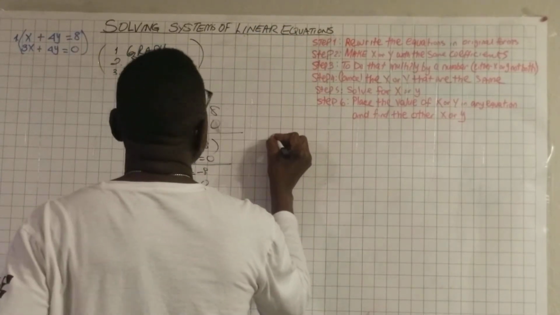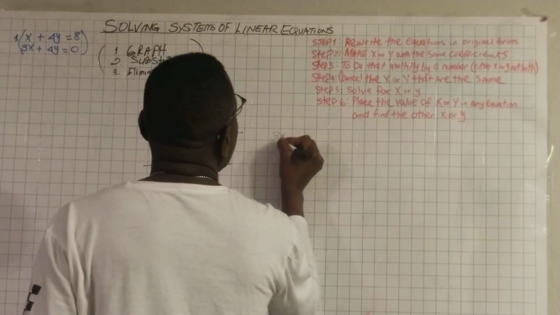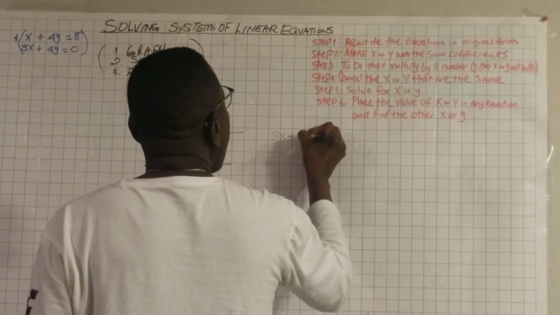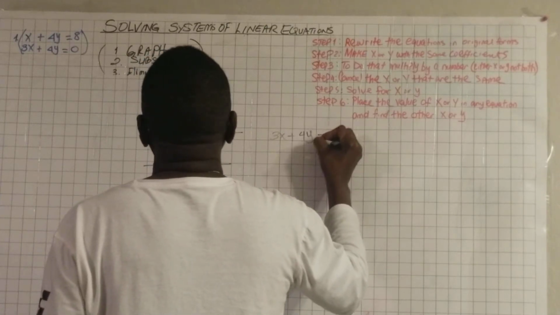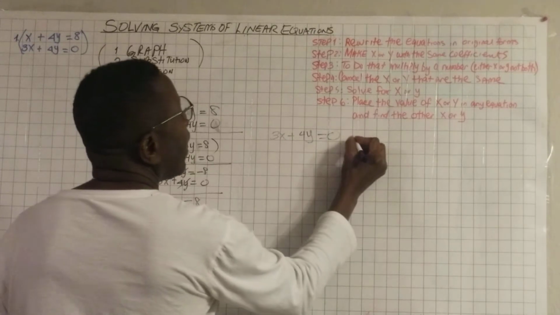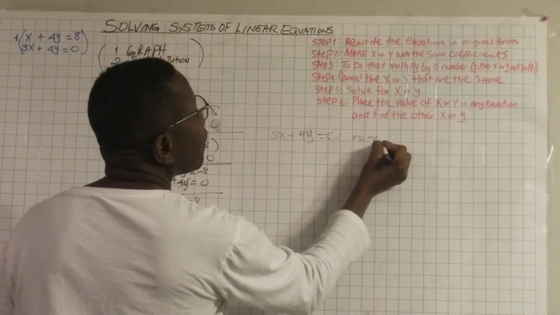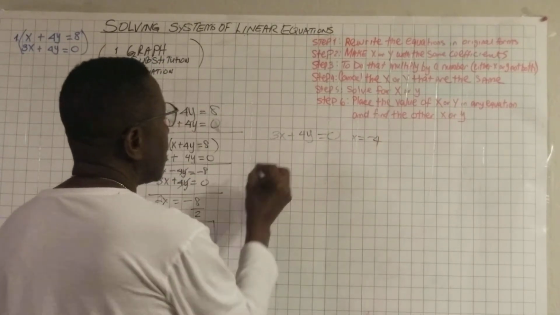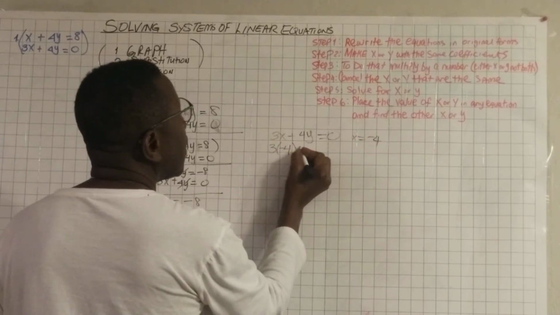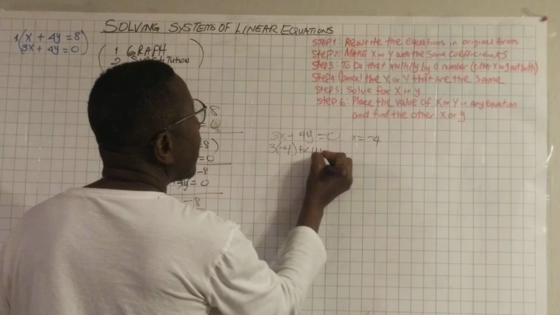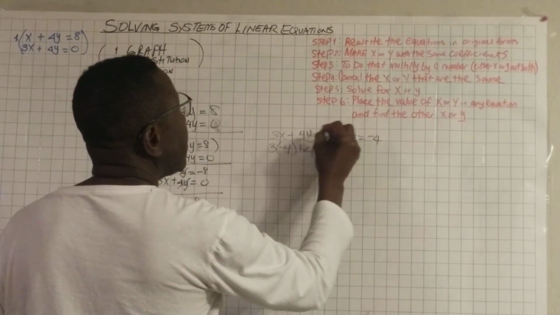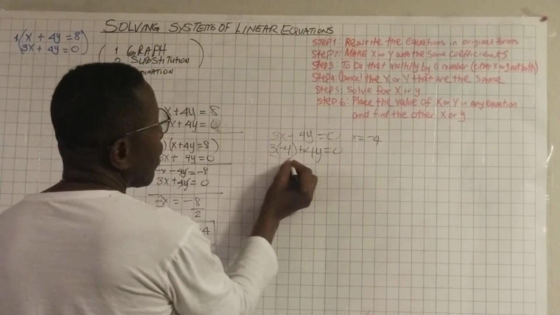So we had the second equation is 3x plus 4y is equal to 0. Now let's apply x equal to minus 4. 3 into minus 4 plus 4y is equal to 0. We're going to take this across. This is minus 12.